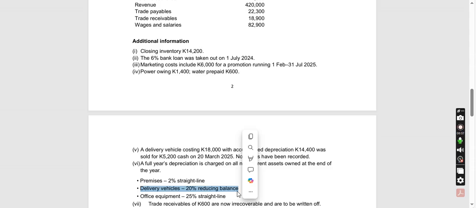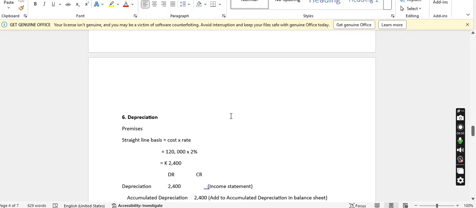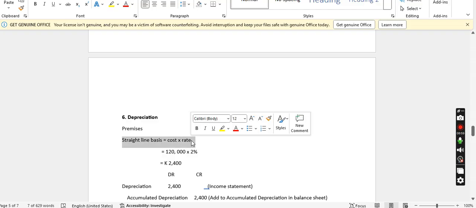Remember, depreciation is loss in the value of an asset due to wear and tear. Then office equipment, 25% straight line. So with the straight line method, how you calculate depreciation is the cost multiplied by the rate.